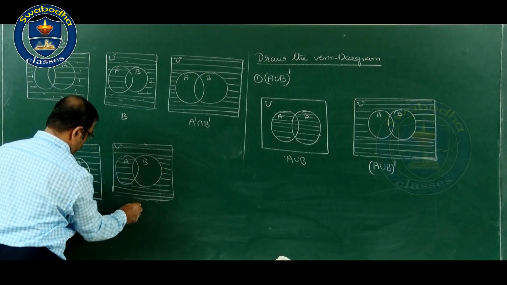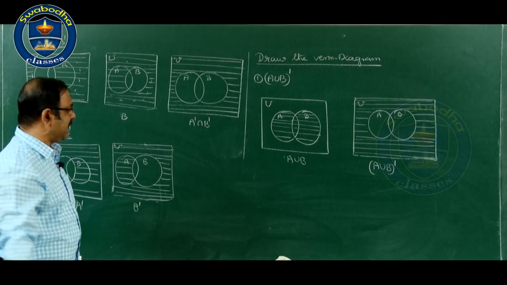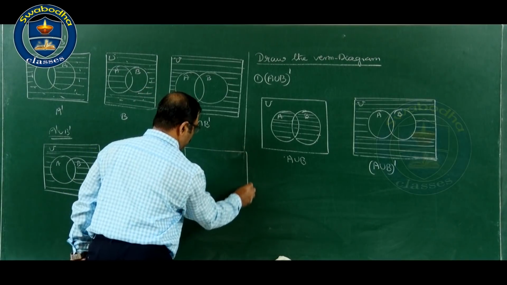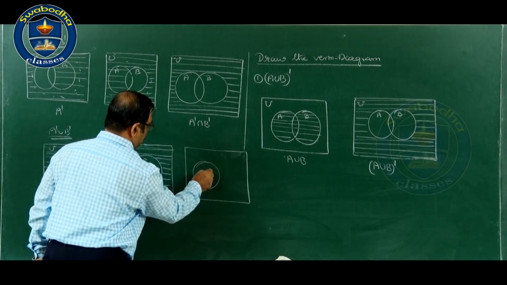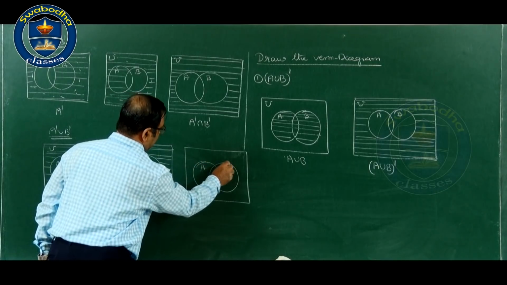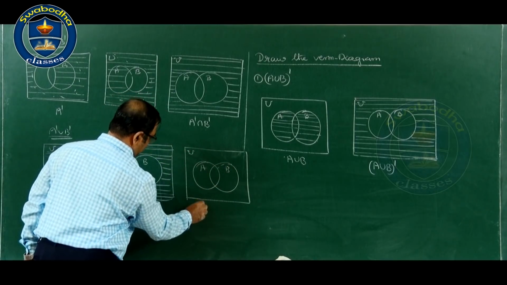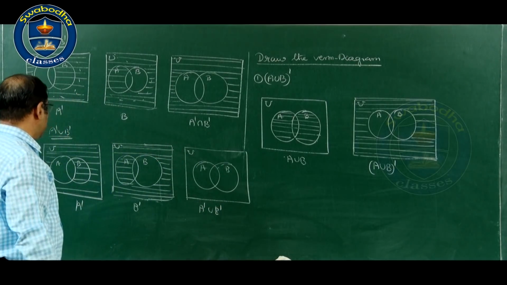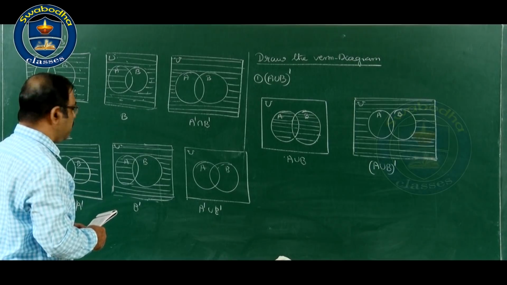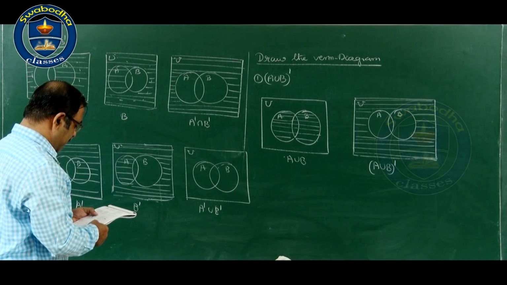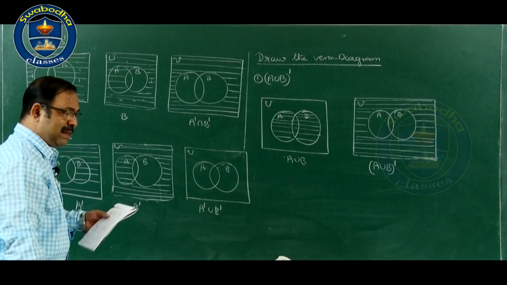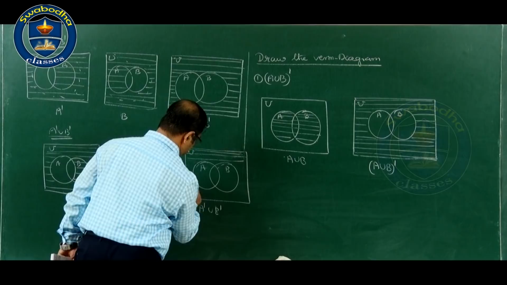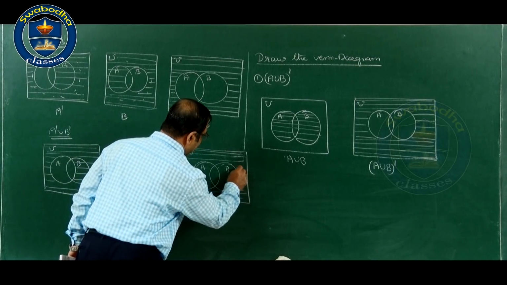This is U. Now let us write A complement. This is A, B, U. I want A complement union B complement. What is that? A complement union B complement, what is it? Now see, anyhow this outside area is there, the outside shaded portion is there.